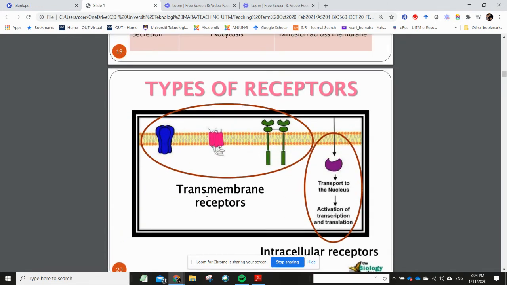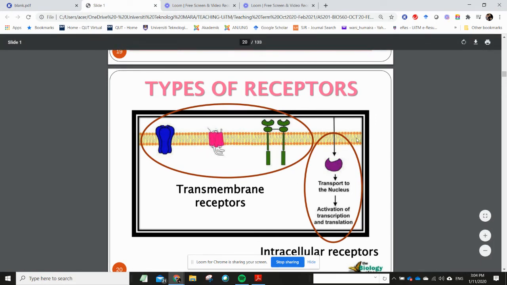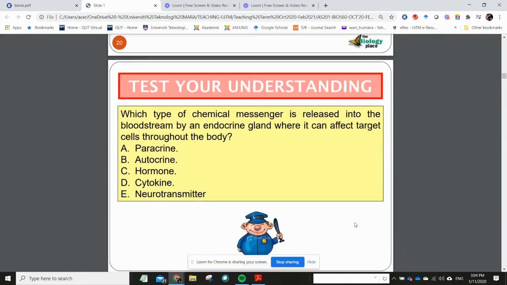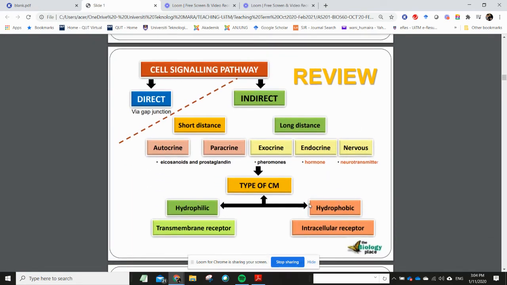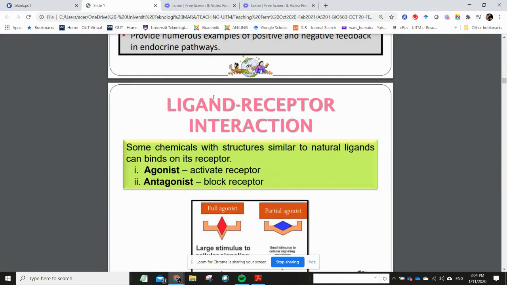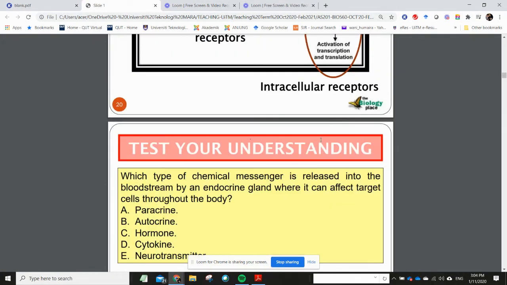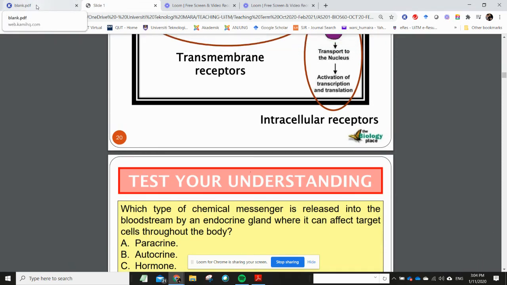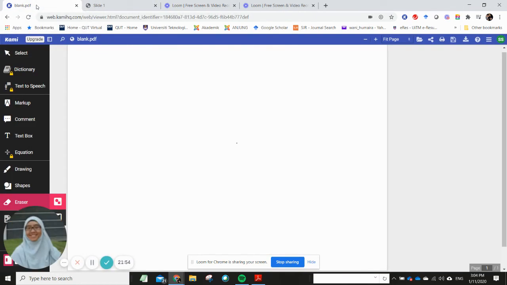Type of receptor: transmembrane receptor, intracellular receptor, as we said just now. So there are many types of receptors. Before we go to the next chapter, I will draw a mind map to help you understand this chapter 2. Basically chapter 2 is about cell communication.